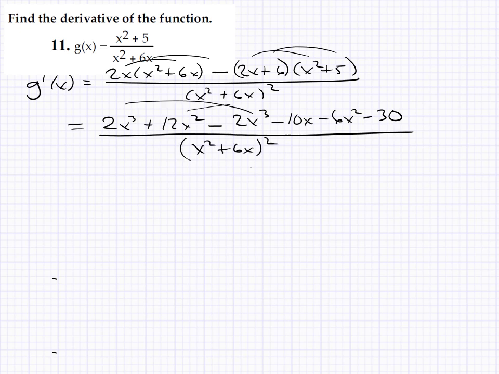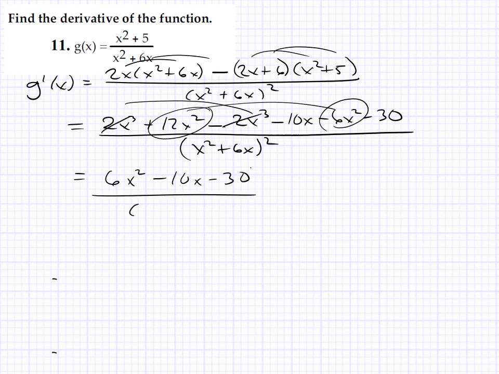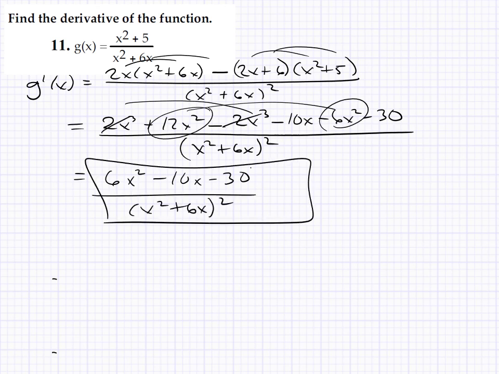So take your like terms, put them together. So the 2x cubed, the minus 2x cubed cancel. Squares of squares gives me 6x squared minus 10x minus 30 all over x squared plus 6x squared. Can't simplify it anymore. There's your derivative.